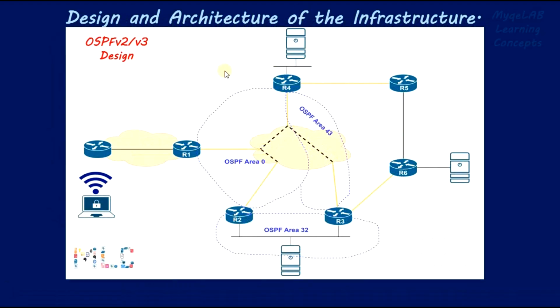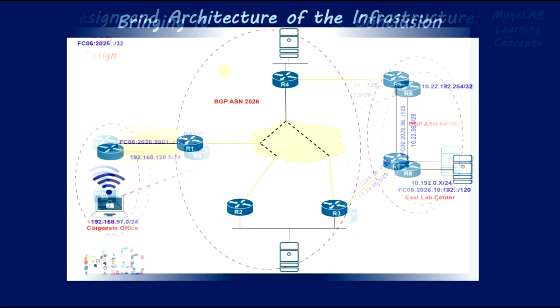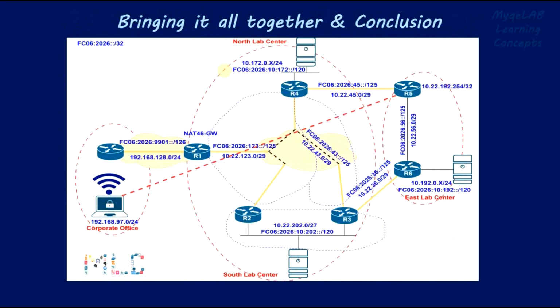Now, that's actually our OSPF and BGP, and bringing everything together simply looks like this, where we have the tunnel directly from the application developer's PC directly to router 5 as the gateway of our isotop. We also have the NAT, which is translating anyone coming from the internal network of the main towards the South Lab Center. And of course, we have the dual stack implementation, which allows our servers to be able to reach one another.